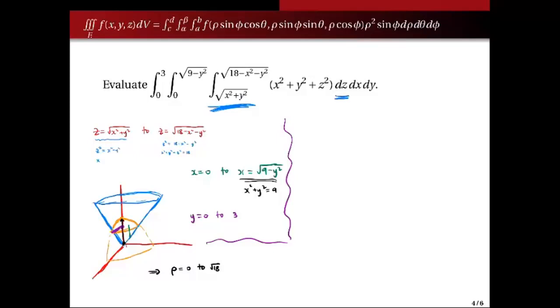And then let's talk about phi first. Your phi will be running from the positive z-axis going to this side here, to this wall. The wall is just this cone in here. So from the positive z-axis going to that wall.